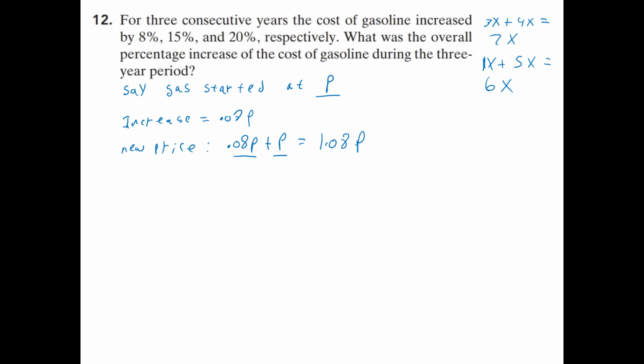Okay, and so then our next increase is a 15% increase, so we're going to do 0.15 times the 1.08p times the whole, and the whole is the original price, 1.08p. So 0.15 times 1.08 is 0.162p.